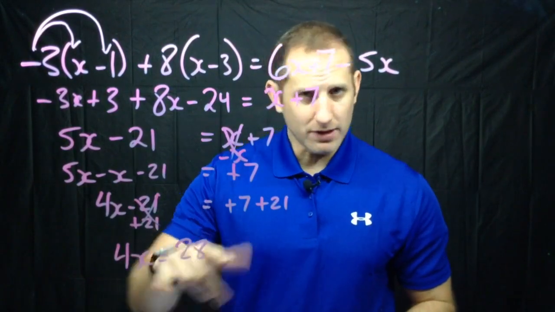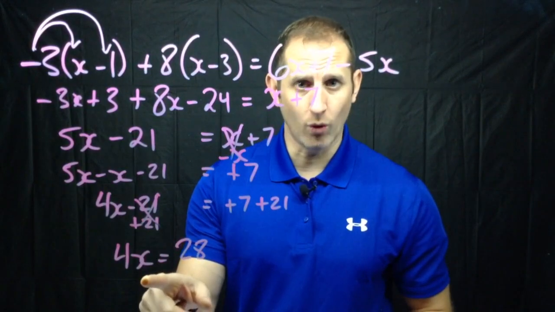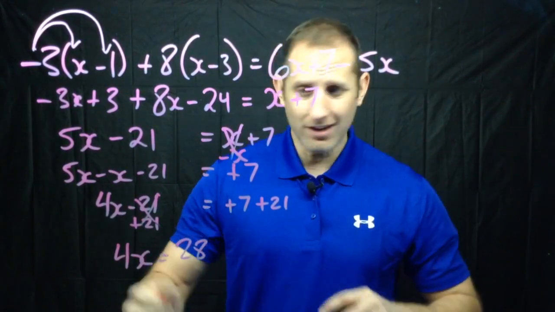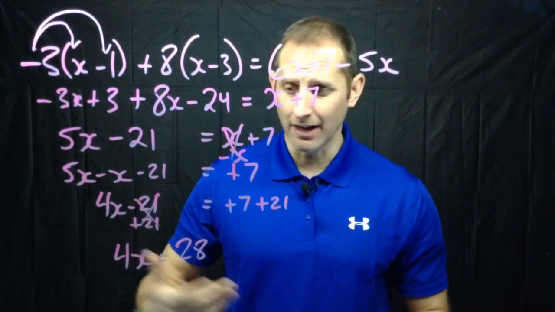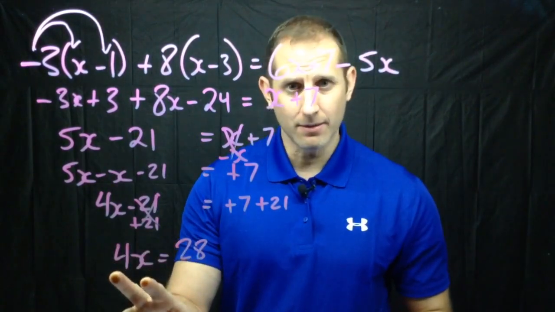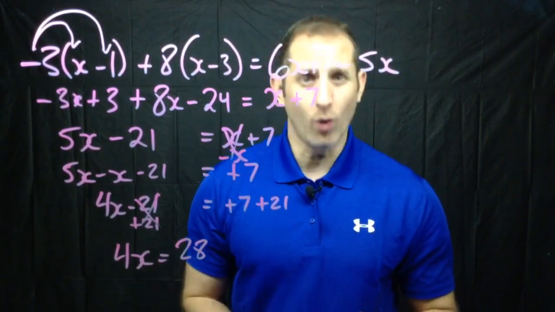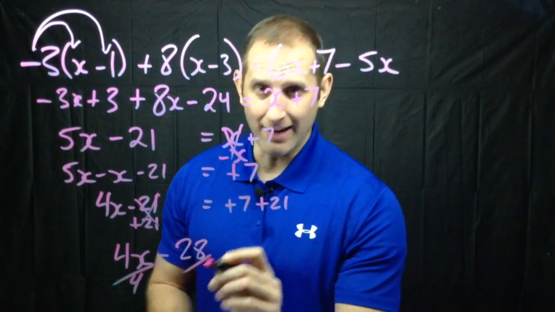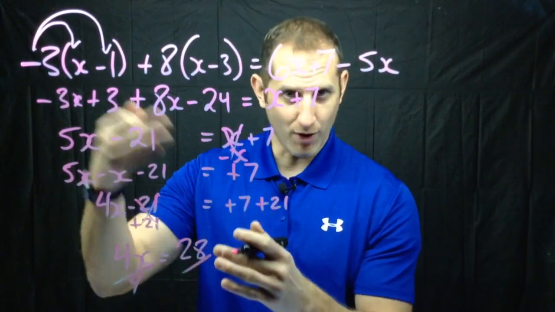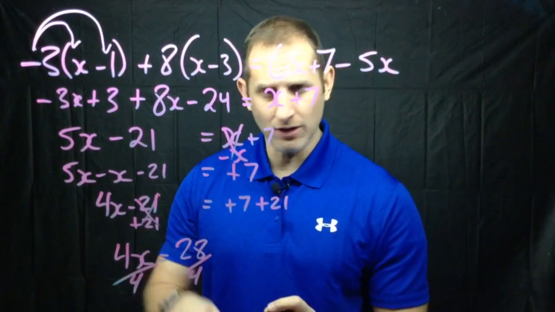So now I'm left with what's just called one-step algebra. There's only one step I have to do in order to figure out what x is. And that is just eliminating these 4 groups of x, because this question is saying if I have 4 x's together, they're going to be the same as 28. So what does 1x equal? Well, if I divide by 4, and then following the same process and concept up here, I do the same thing to the other side, that leaves me with a single solitary x.